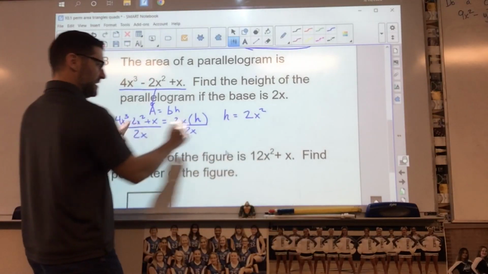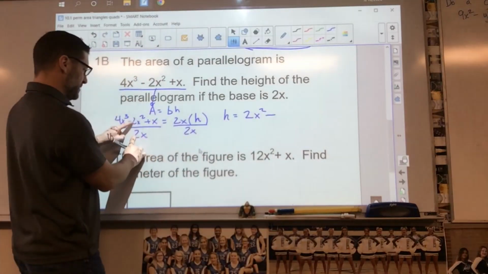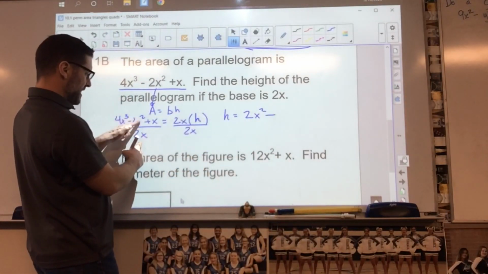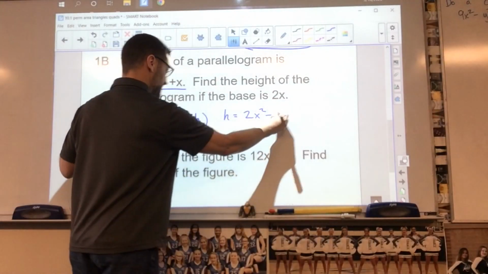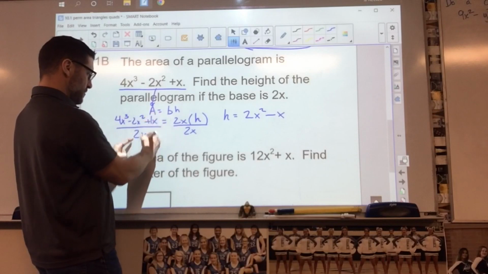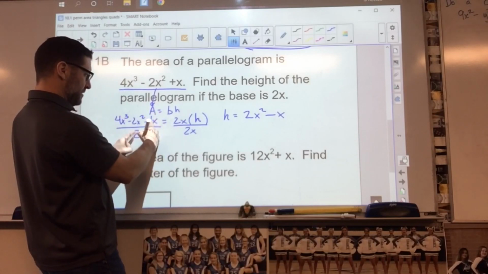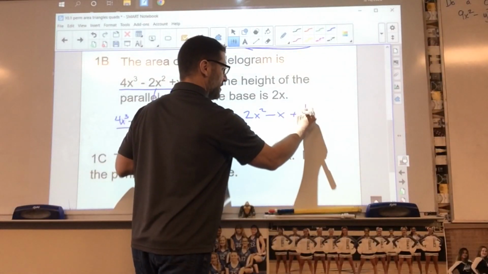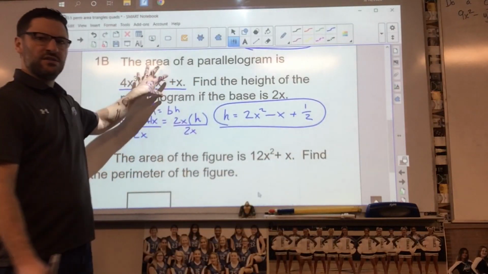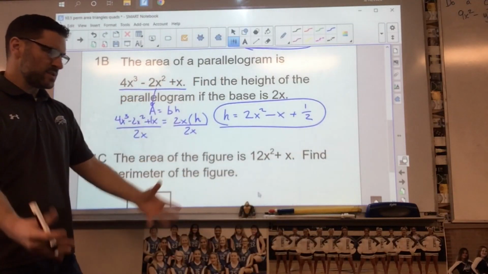Oh, there's a negative sign there. I'm going to bring that along. 2 into 2 is 1. I could put the 1 there or not. X squared over x will be x. And then 2x into 1x, there's a 1 there. So the x's will wipe out and I'll be left with a half. That's kind of a funky answer, but that's the way it looks when you have expressions in the problem. It's going to look like that.